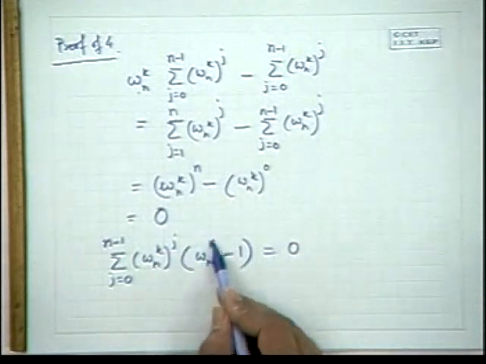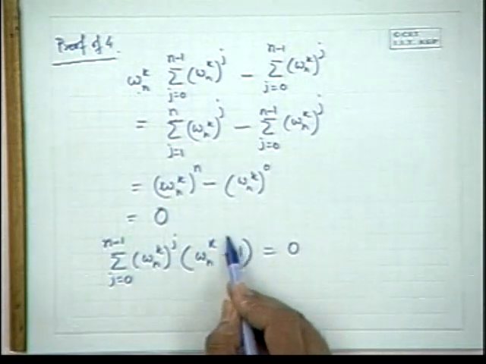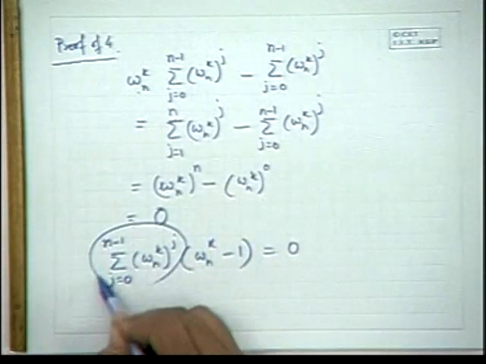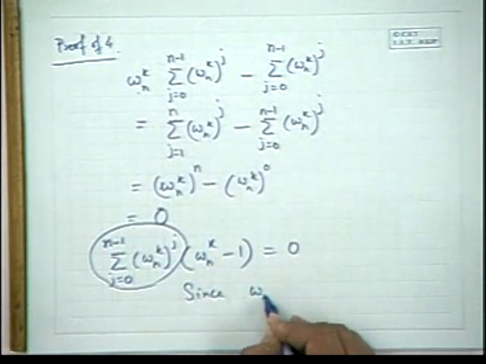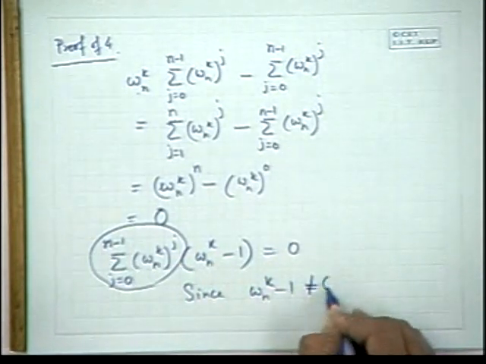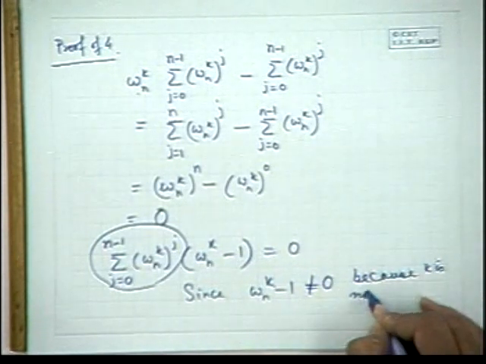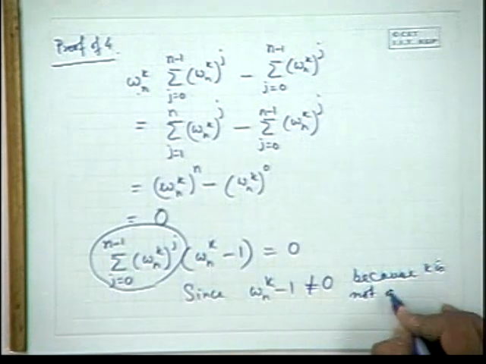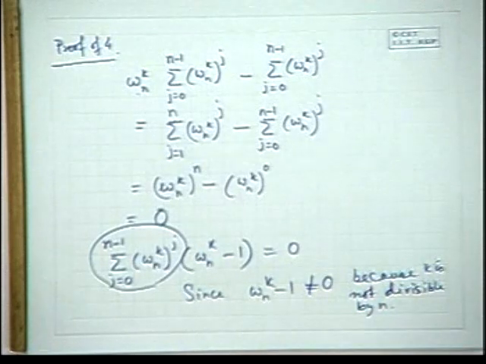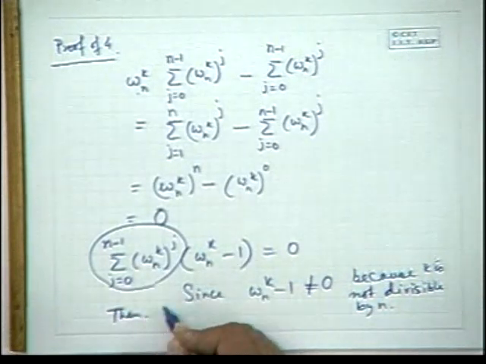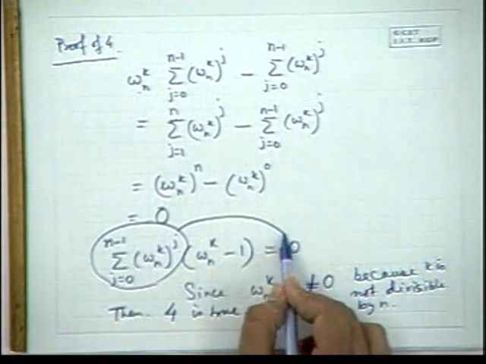If k is not a multiple of n, it cannot be 1, and that is our assumption. So since W n k minus 1 is not 0, because k is not divisible by n, this part must be 0. Then it must be true, 4 is true.